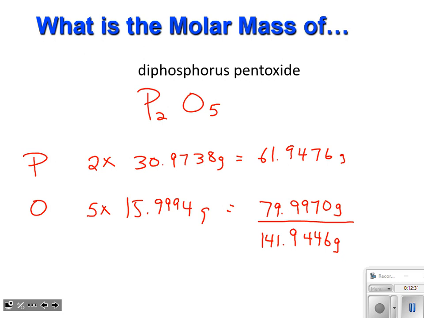Yes, ma'am. When we're labeling these, do you do just grams or grams per mole? Well, that's a great question. Should I label it grams or grams per mole? Where we're going to see that grams per mole bit is when we need to factor out and cancel, okay?